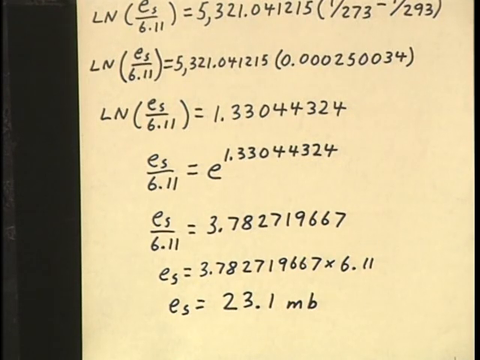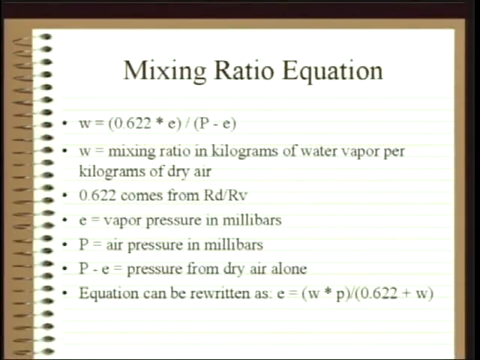Next on the PowerPoint, we'll go over the mixing ratio equation. The equation for the mixing ratio is W. W stands for mixing ratio, and that is equal to 0.622 times the vapor pressure, and then divided by the pressure of the air minus the vapor pressure.